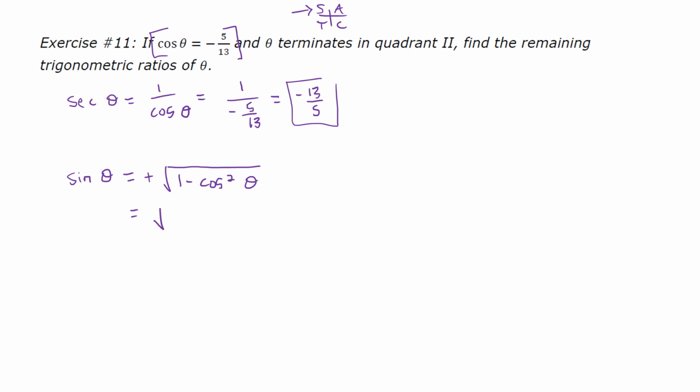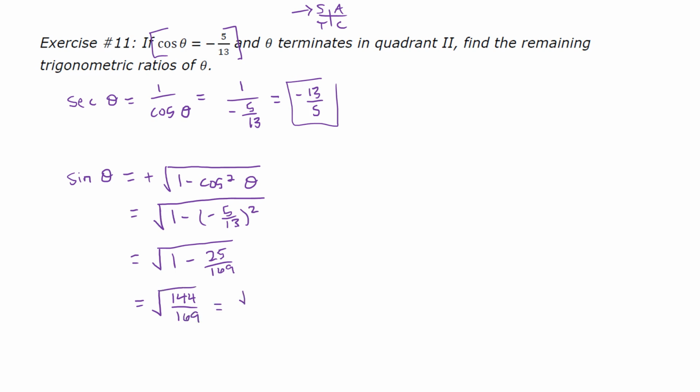All right, so I have the square root of 1 minus cosine squared, which would be negative 5 over 13 squared, all under the square root. Negative 5 over 13 squared is 25 over 169. 1 minus 25 over 169 is 144 over 169.